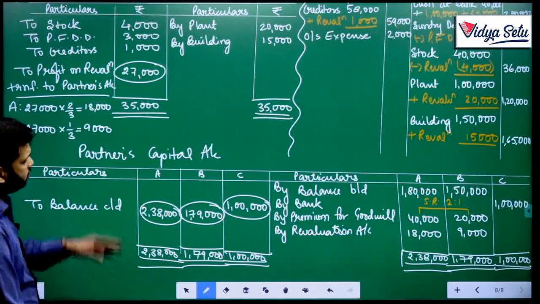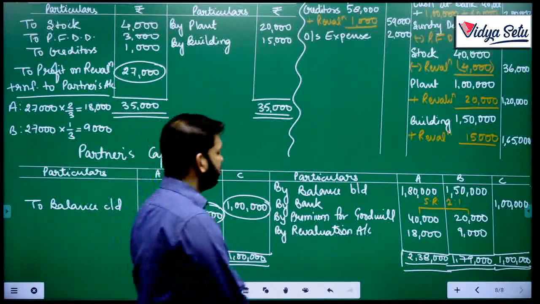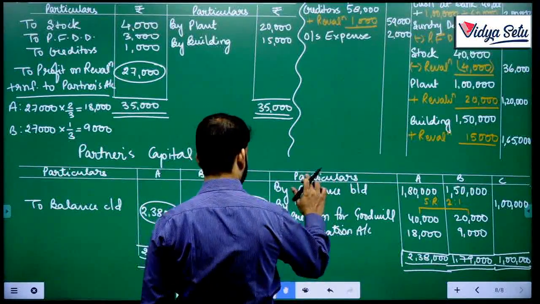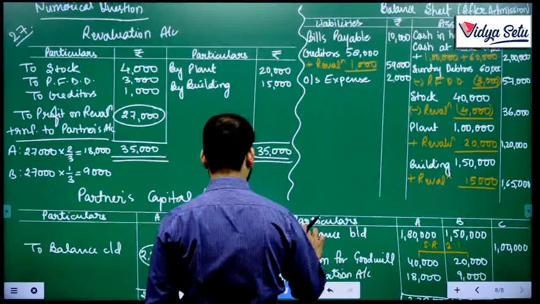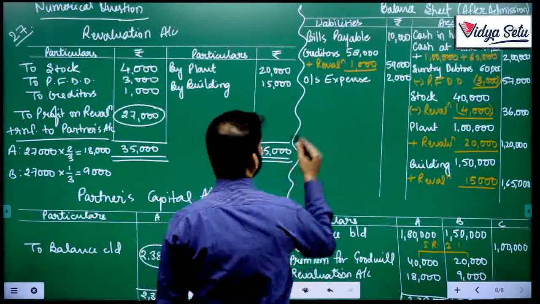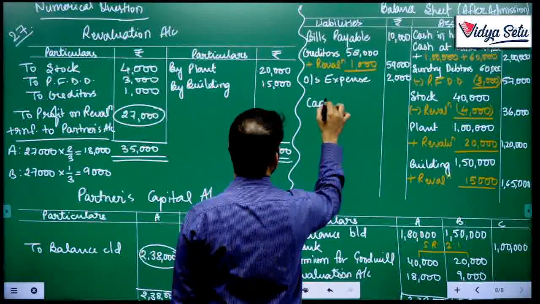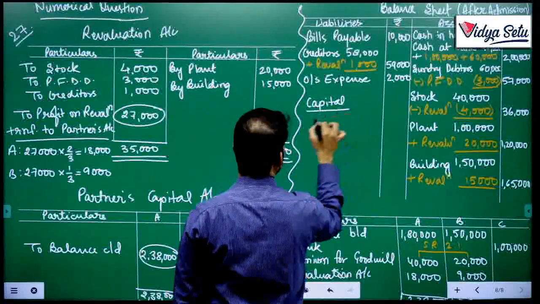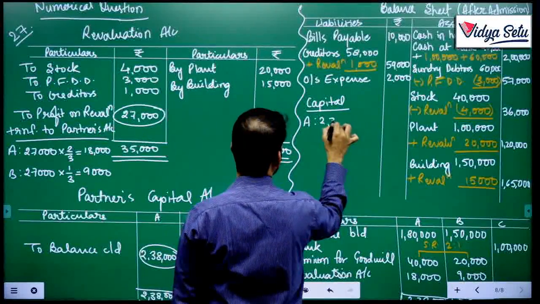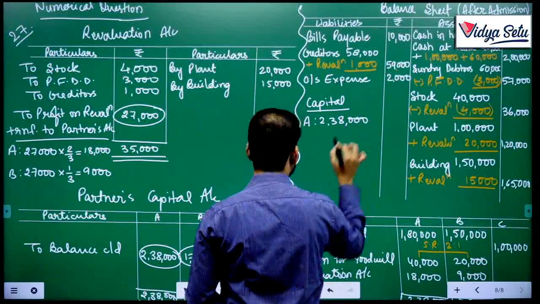And now this figure will go to our liabilities. A, 2,38,000.